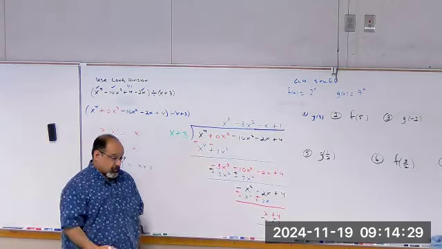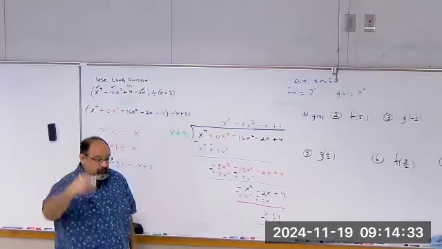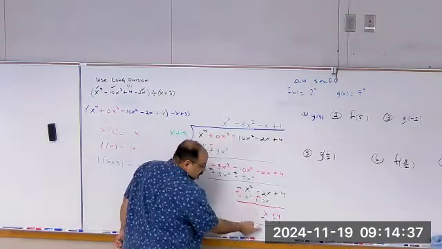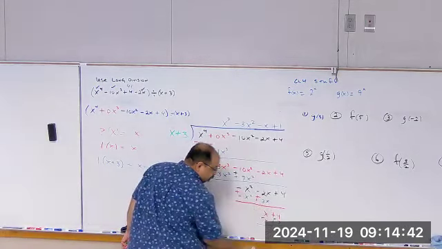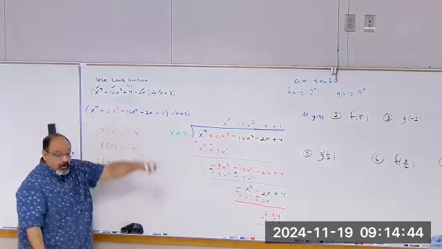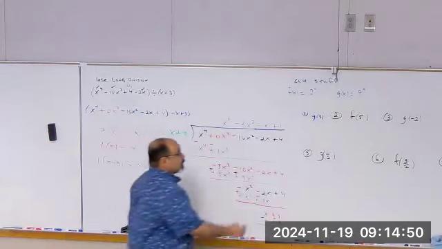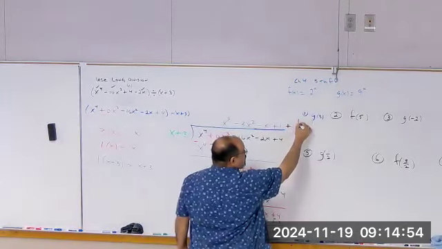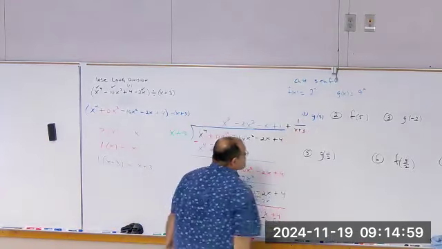For the long division, yes, because that's how we did long division with just numbers. Multiply, subtract, do it again. Long division. Cancels, we get 0. 4 minus 3, 1. X does not go into 1. So that's the remainder. And then you go plus, always plus, and you put the remainder over the divisor, x plus 3.